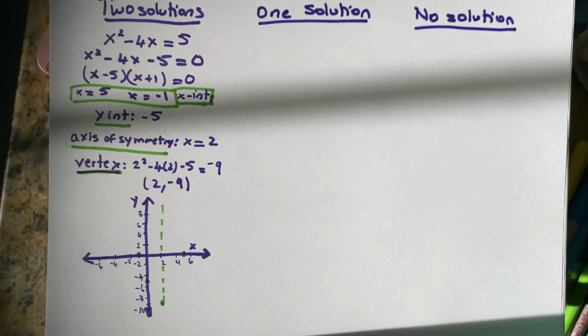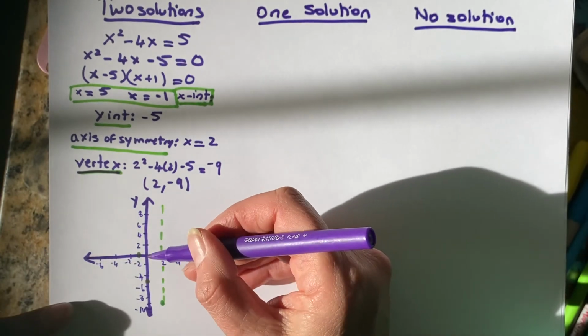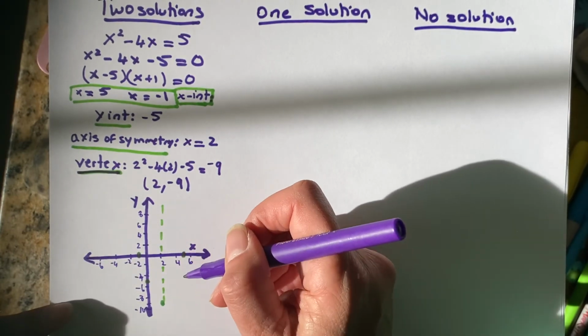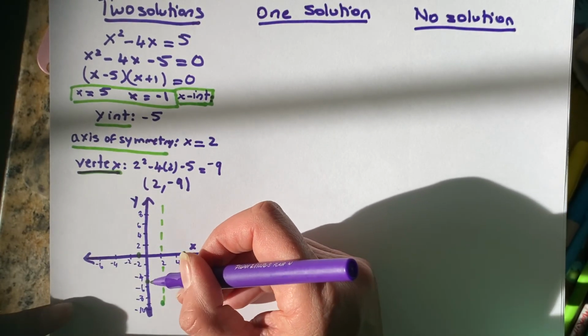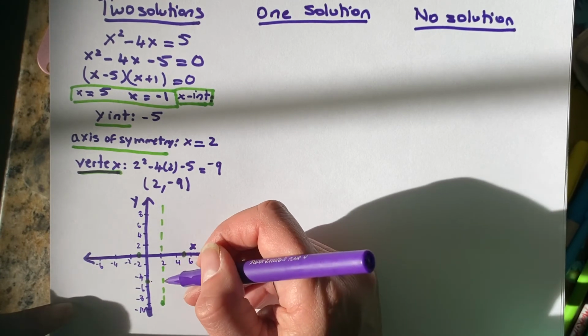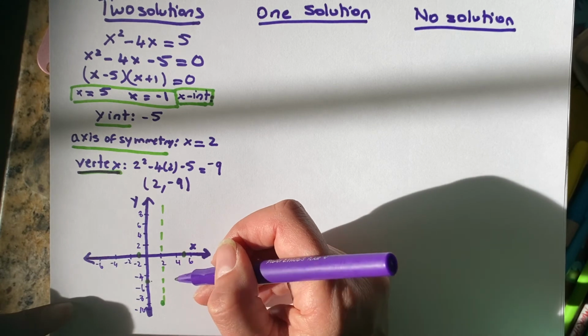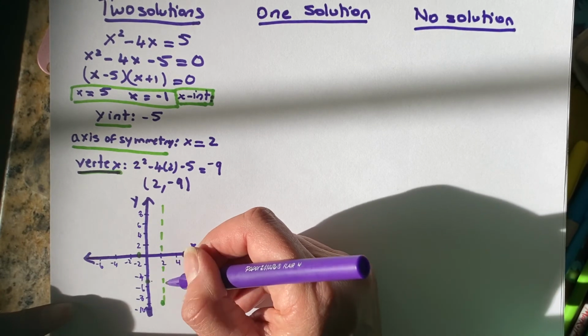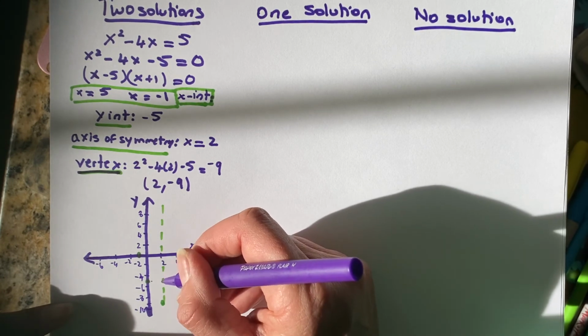And there's a really easy 5th point if you know what to look for. This is the only one that doesn't have a match, right? These are on either side, but I know that a parabola is always symmetric. So if this is here at the negative 5 area, I know that 2 over, at the same distance, so these are 2 units over from the axis of symmetry.